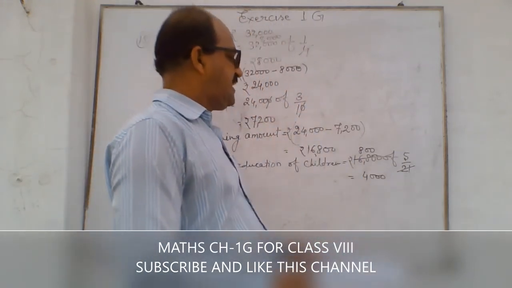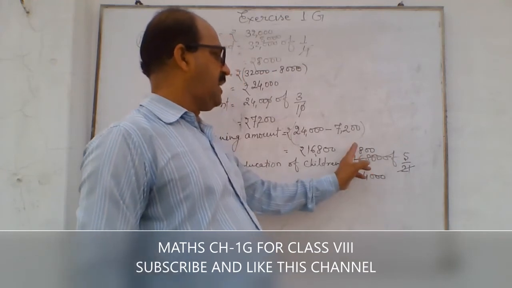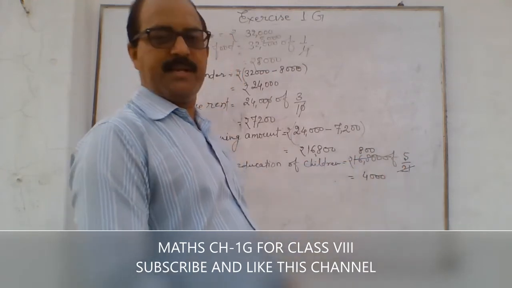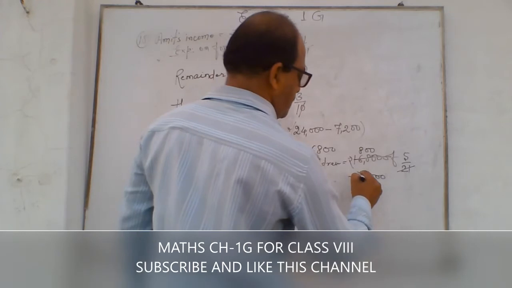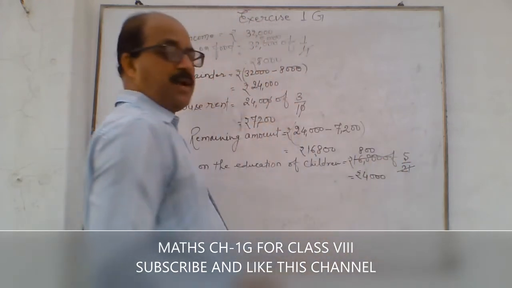Twenty-one eights are 168, and 800 into 5 we will get the simplification. When we multiply 800 into 5 we will get 4,000.